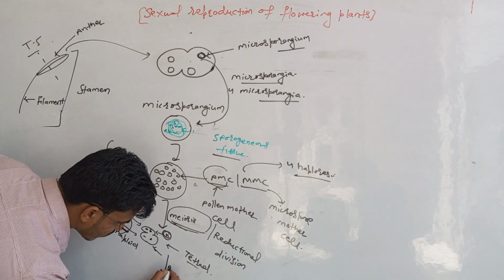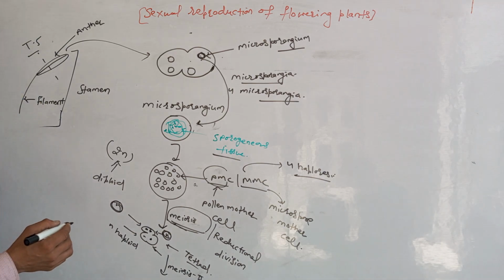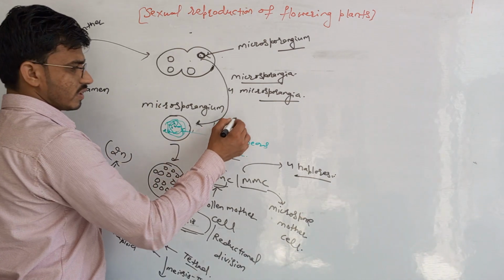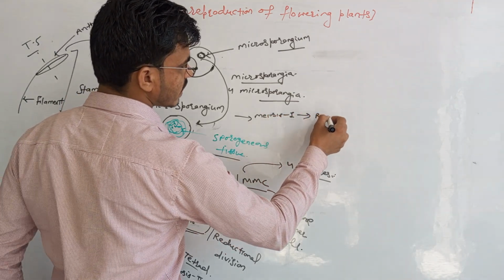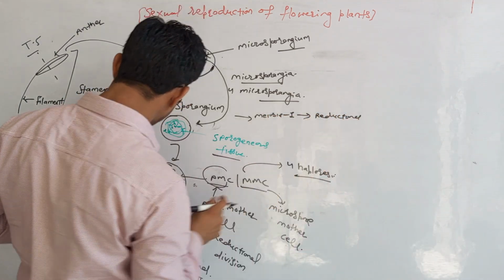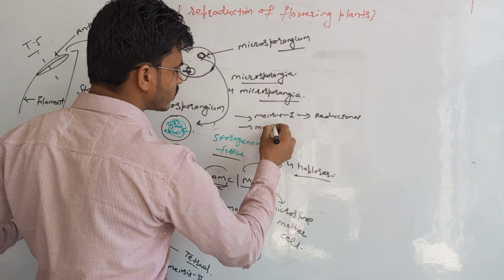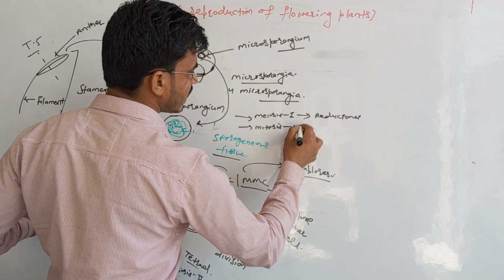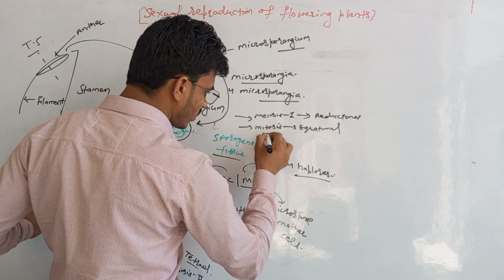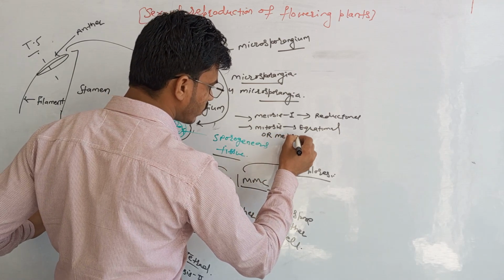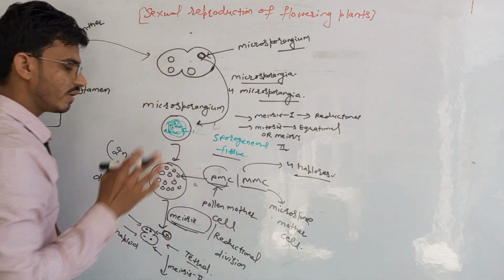After that, meiosis 2. Meiosis 2 is the equational division. Meiosis 1 is the reductional division because the chromosome number becomes half, 2n becomes n. But mitosis is the equational division, and you can say meiosis 2 is also a type of equational division.